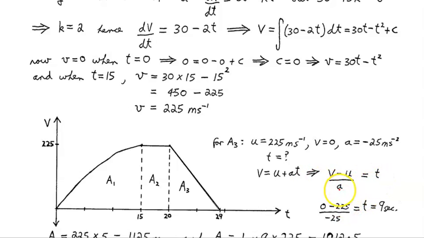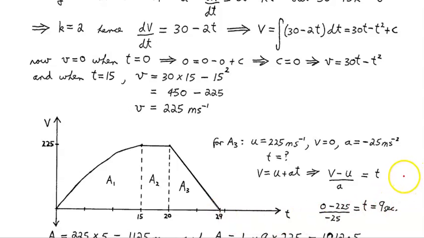Substituting the values, we have 0 minus 225 over minus 25. The negatives cancel, and 225 divided by 25 gives us 9 seconds. So it goes from 225 meters per second to 0 in 9 seconds, so our sketch must go all the way up to the 29-second mark.